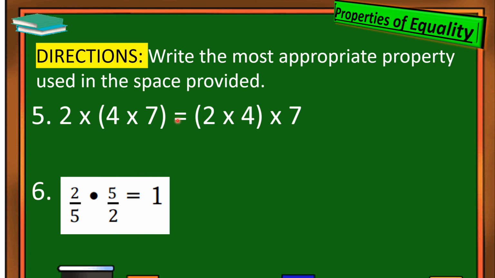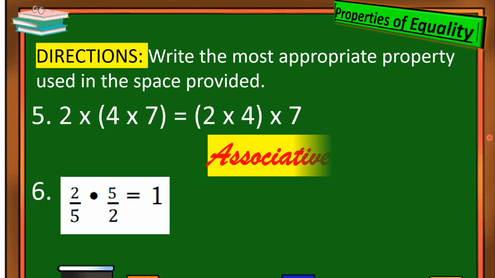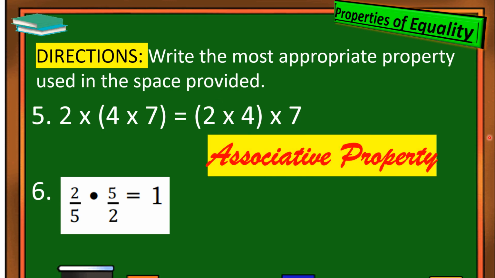Next property, ano kaya to? 2 times 4 times 7 is equal to the quantity of 2 times 4 times 7. Ayan, may mga groupings. Nagpalit man ng grouping, same value pa rin daw. So, that is associative property of multiplication.